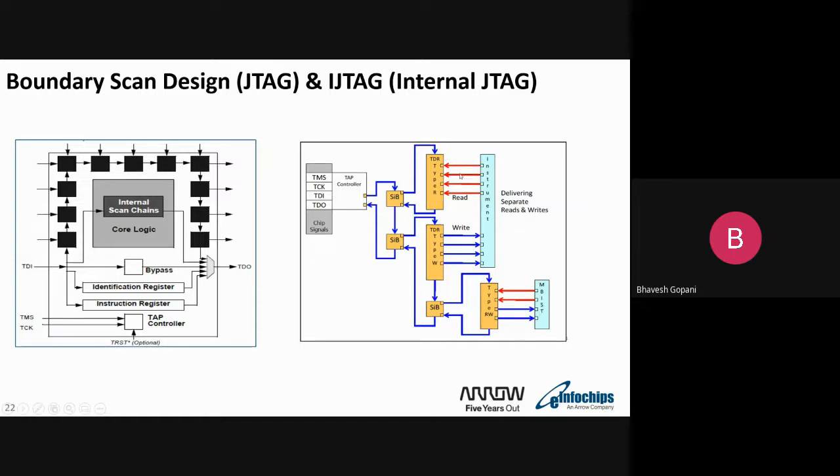All these instruments are connected through the TDRs, test data registers, and the TDRs are connected through the SIBs, and those SIBs are controlled through the tap controller. Those SIBs are kind of an enable and disable mechanism.